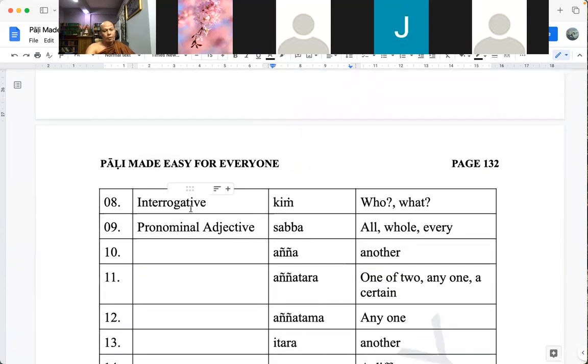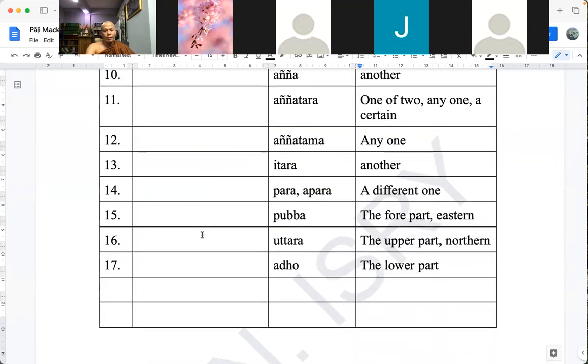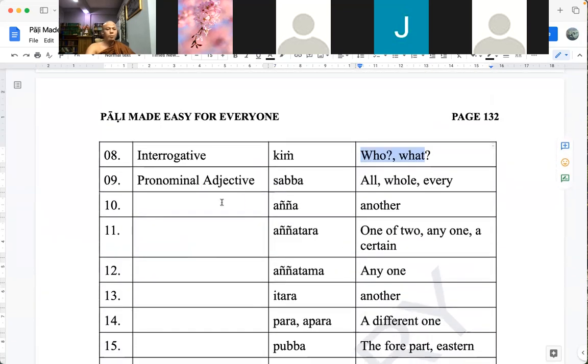And then the interrogative pronoun is ka. Even though at this time we use ka, later the masculine has one stem, the neuter one, and the feminine one. It means who or what, for questions. The others are actually pronominal adjectives.